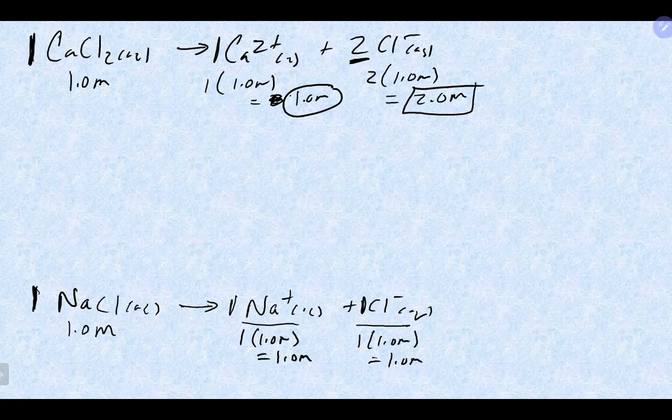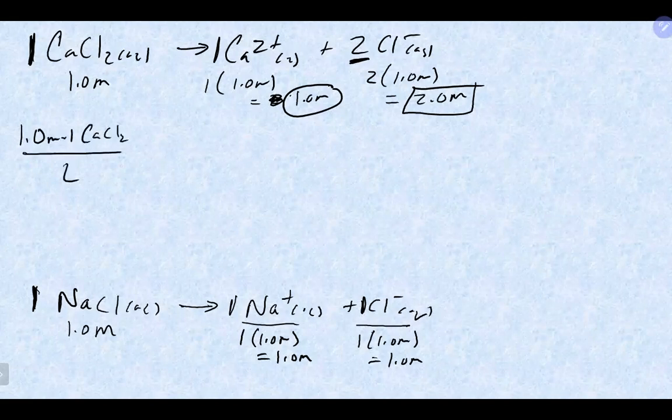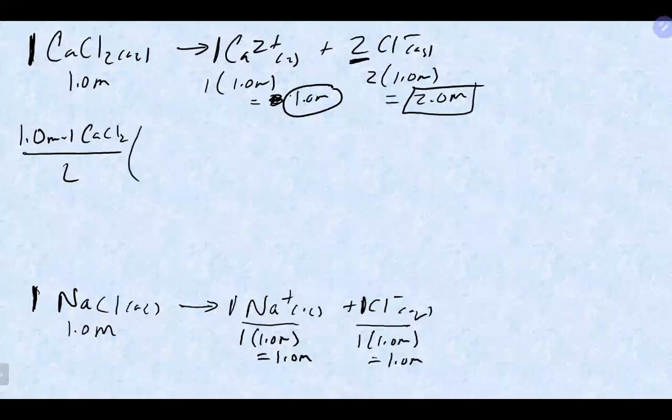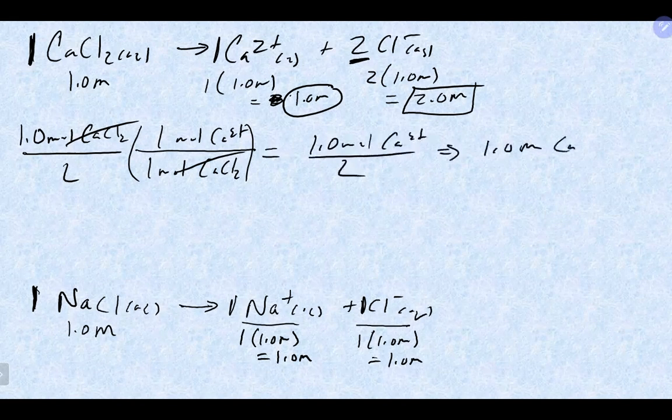Let me show you the long way calculation so you understand really how we get there. So for example, here, if we started with 1 molar calcium chloride, that would be 1 mole of calcium chloride per liter of solution. Doing stoichiometry just like normal, it is 1 mole of calcium chloride to 1 mole of calcium. The moles of calcium chloride cancel, leaves us with 1 mole of calcium ions per liter, which is 1 molar calcium ions.